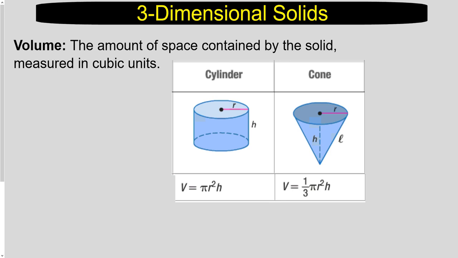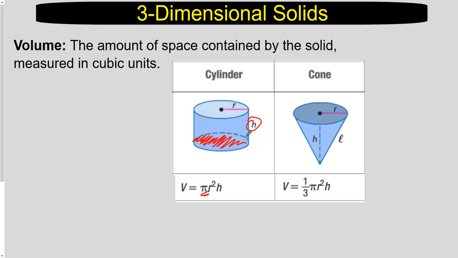For a cylinder, the volume is, again, the area of the base multiplied by the height. But in this case, the area of the base is a circle, so it's pi r squared times h. So pi r squared times h is the volume of a cylinder. For a cone, much like a pyramid, it's 1/3.